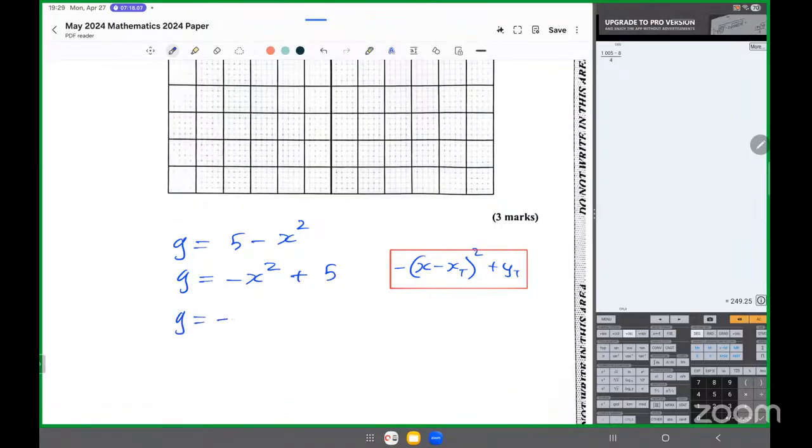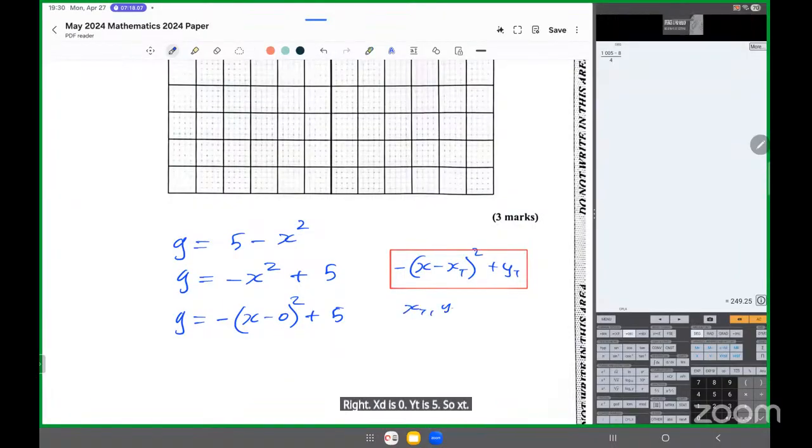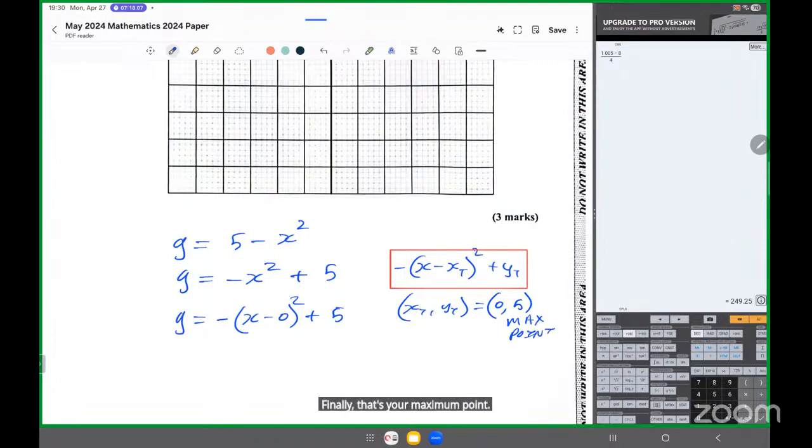So it becomes minus x minus 0 squared plus 5. What does that mean? xt is 0, yt is 5. So xt, yt becomes 0, 5. That's your maximum point.